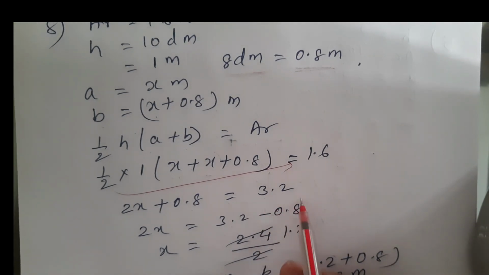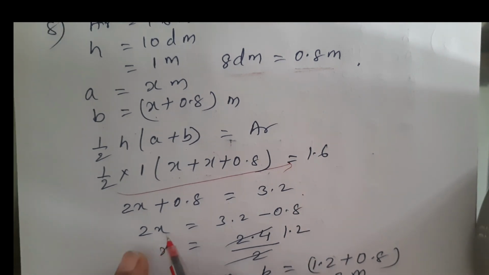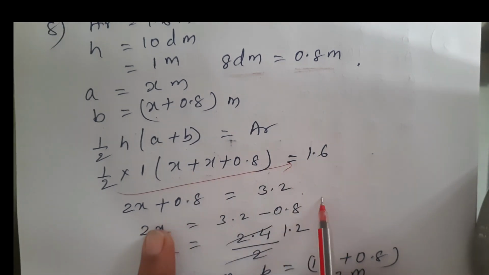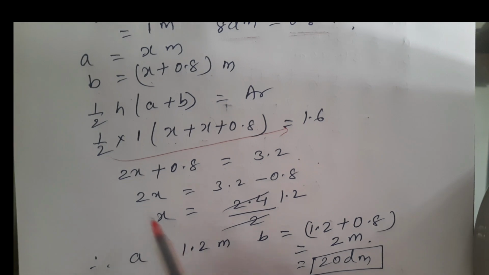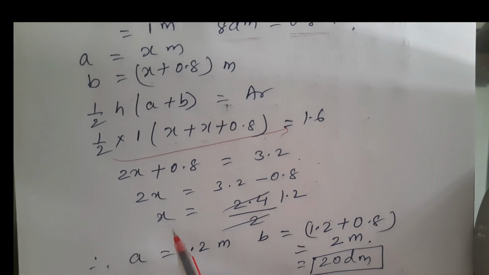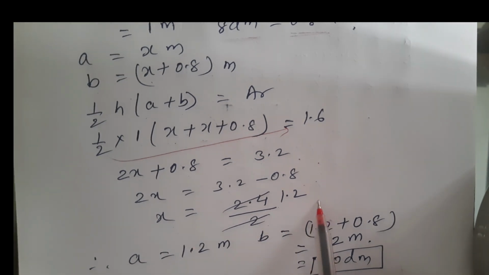So 2 times 16 is 32, the answer is 3.2. Now to find 2x, we shift this 0.8 to the right, so the sign will change. 3.2 minus 0.8 is 2.4. To find x, we divide the whole by 2. So we got the value of x as 1.2.